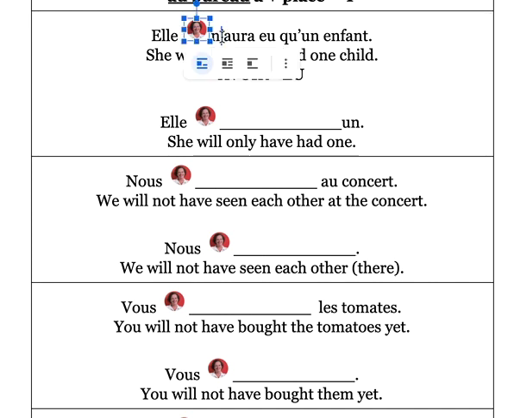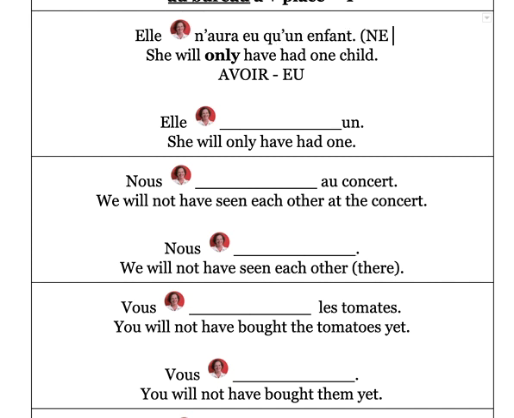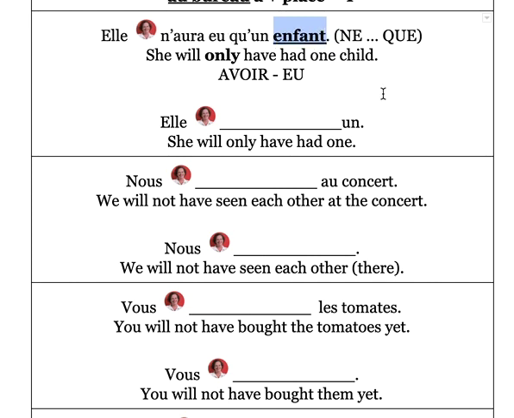So you see here you've got your ne, and then you have que, and that means only. Un enfant. What I want you to replace with the pronoun is enfant. Now notice I didn't underline un, because if you look down here in these sentences, the word un is already there for you. That's a quantity.